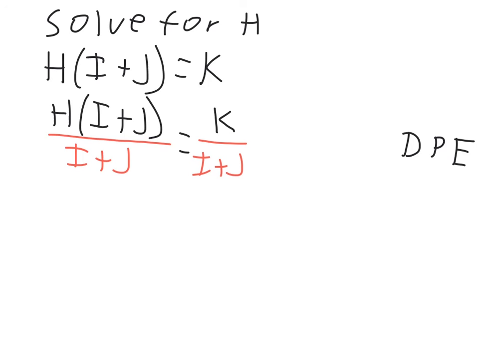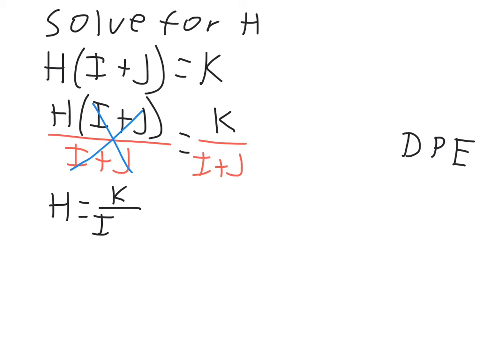Now on the left side, the i plus j was divided by i plus j. These two are exactly the same. So you're dividing something by itself, they just cancel each other out. So on the left side, all you have is h. And on the right side, we have this, k over i plus j. Again, it looks very messy.